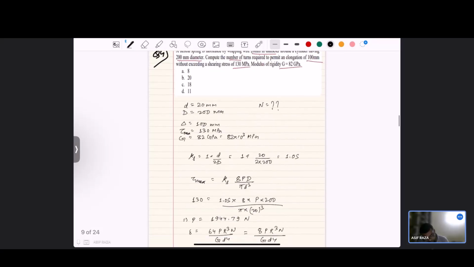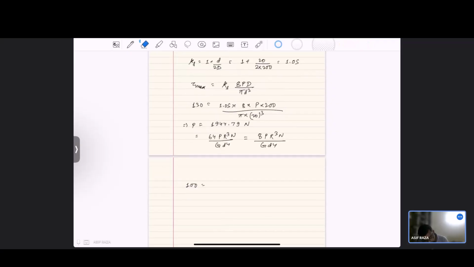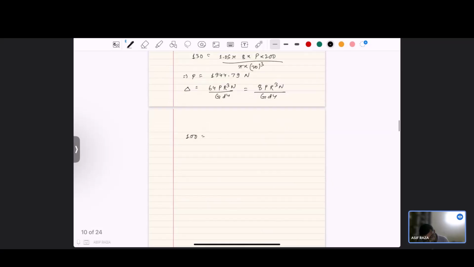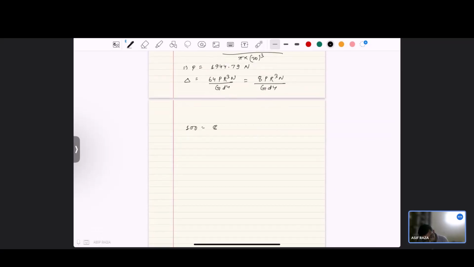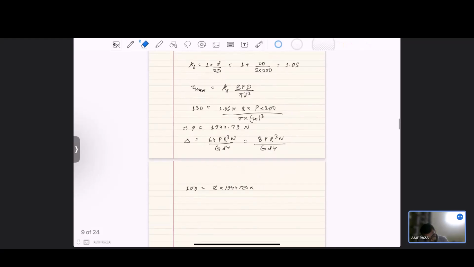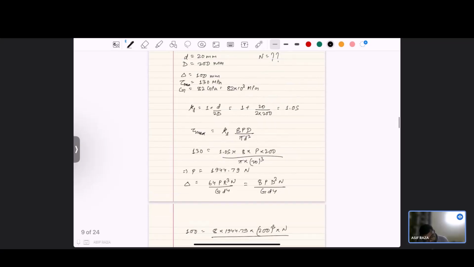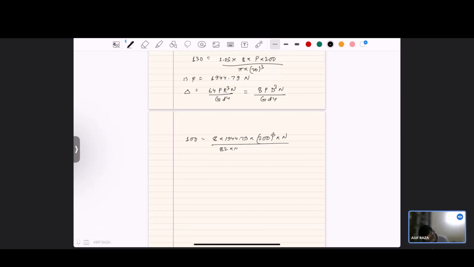Let us substitute everything. 100, 8 P is 1944.79. D cube, 200 cube, and G is 82 into 10 power 3, d4 is 20 to the power 4.